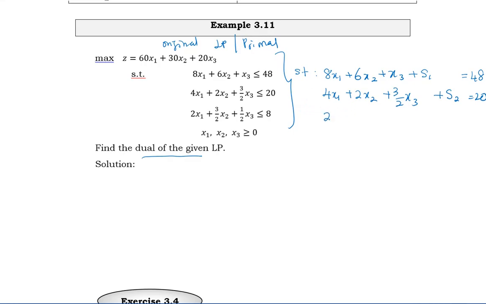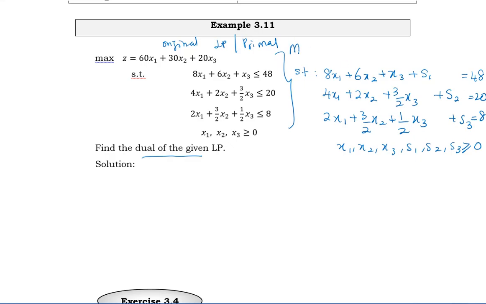Third constraint, 2x1 plus 3/2 x2 plus 1/2 x3 plus s3 equals 8. And then we have 3 additional variables here. x1, x2, x3, s1, s2, and s3 must be greater than or equal to 0.